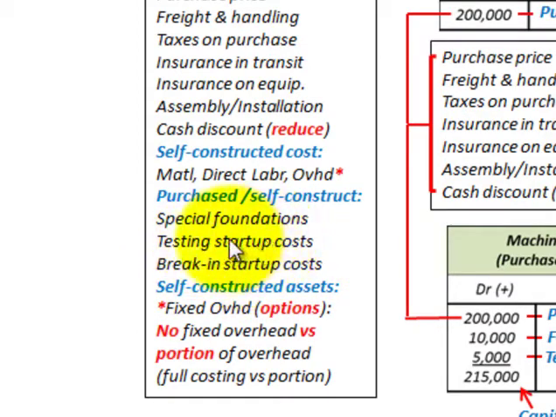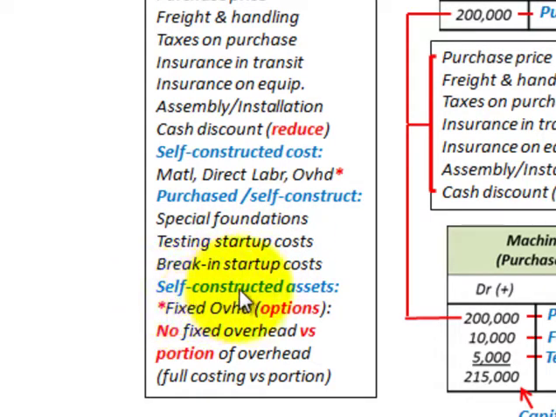Those would be the labor and material required to get the machine ready and going, and all the testing costs or startup costs, running maybe some trial runs to make sure your equipment's ready to go. So all the costs would be included up to the point when this equipment is ready for full production and can produce quality parts ready to be manufactured.